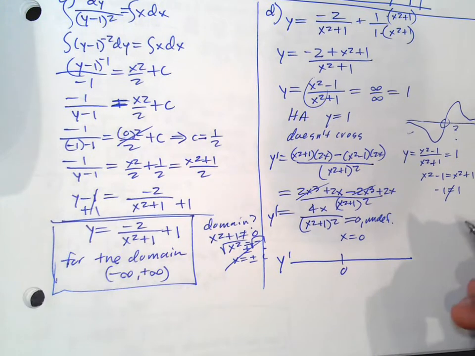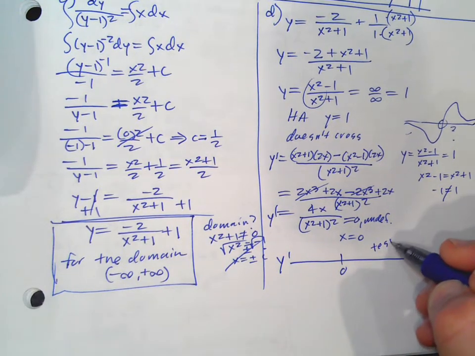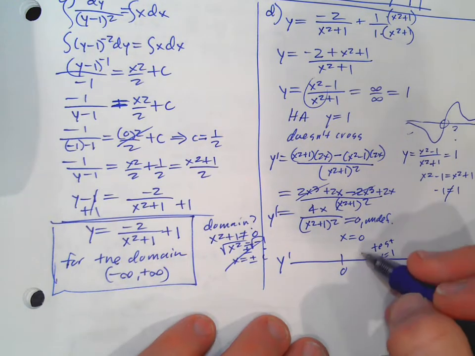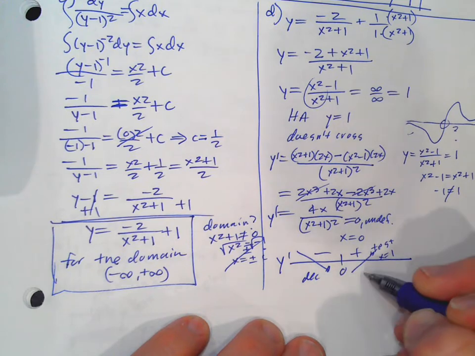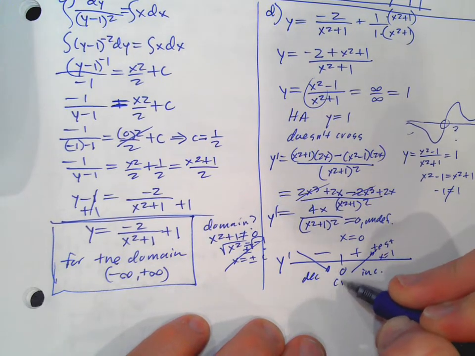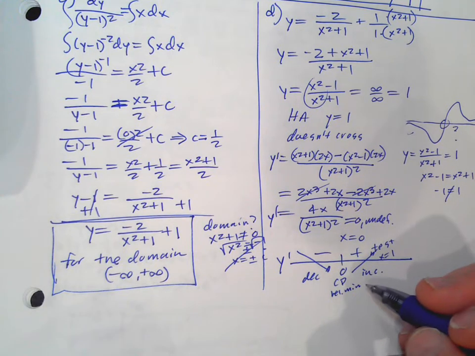If you plug in x equals 1, it's positive, and on the other side negative, so it's decreasing, then increasing. This is a critical point. This is a relative min. So it might be interesting to calculate that.